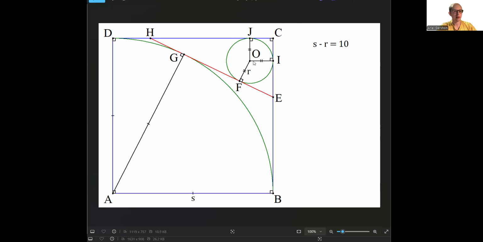And so that means that this shape, OICJ, is a square. Now, that might seem obvious just by looking at it, but in math, you have to do everything 100% rigorously. You can't just say, oh, this looks like a square, therefore it's a square. No, you have to explain why.